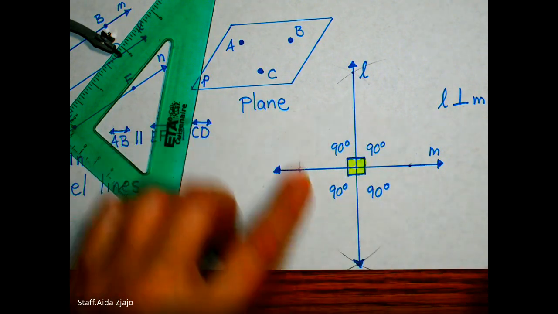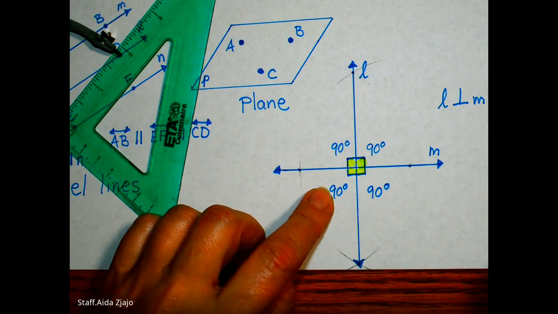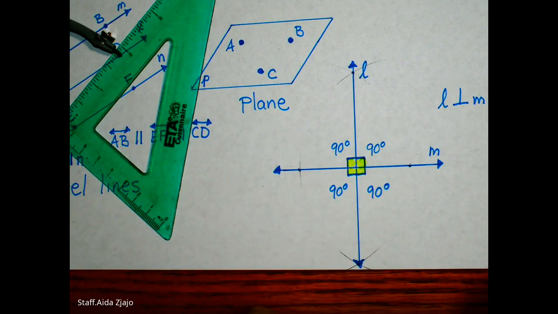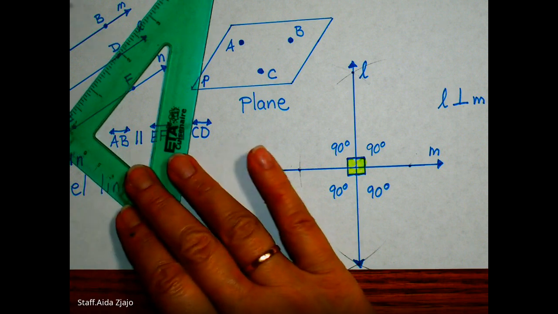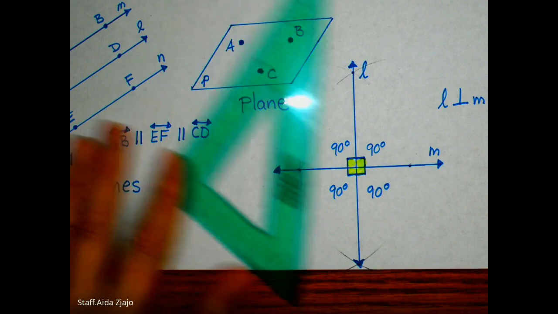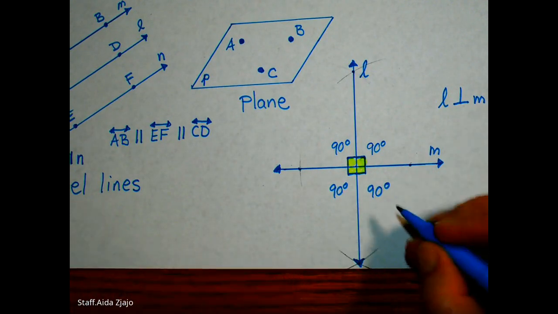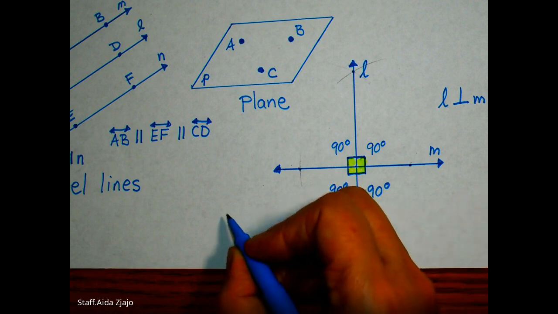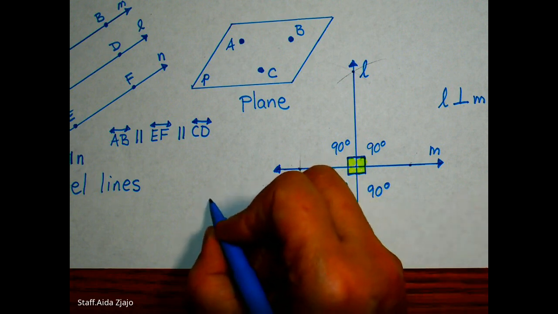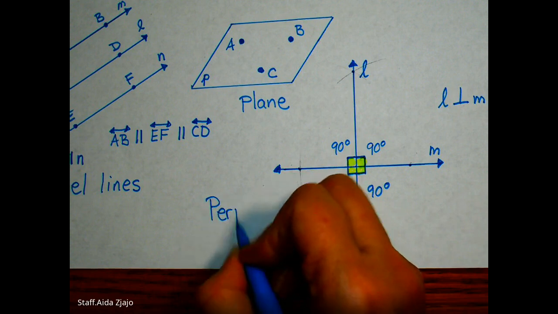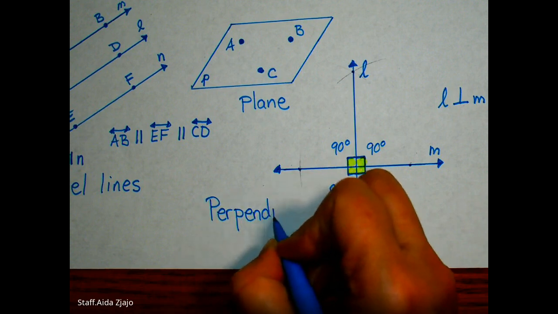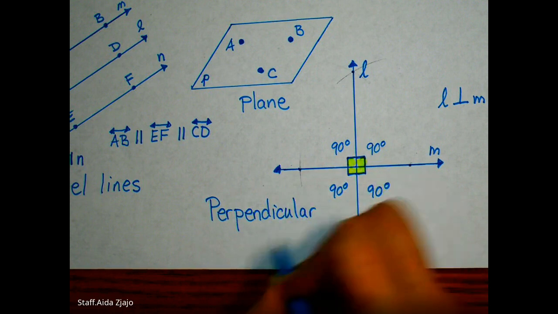When I add up four 90 degree angles, I will have a whole 360 degrees. Okay, I would also add one more label. So these are perpendicular lines.